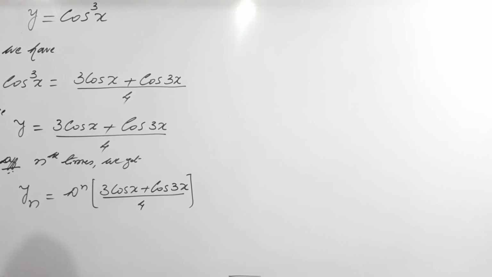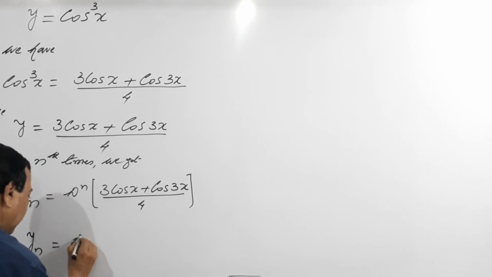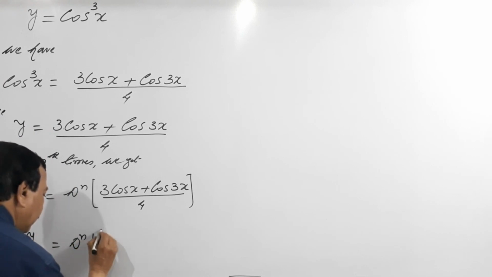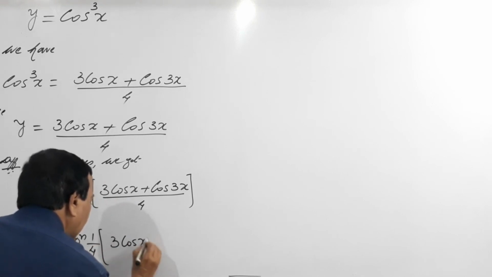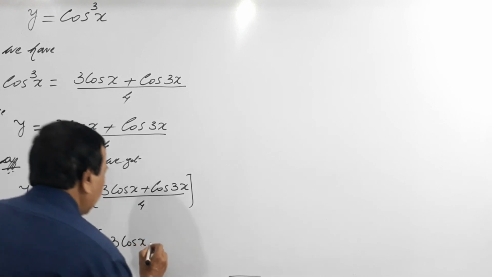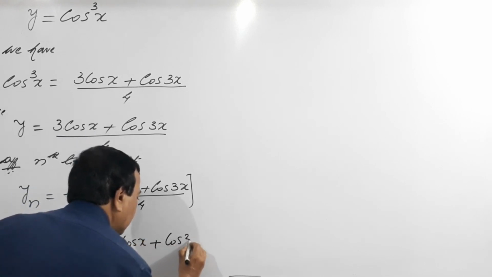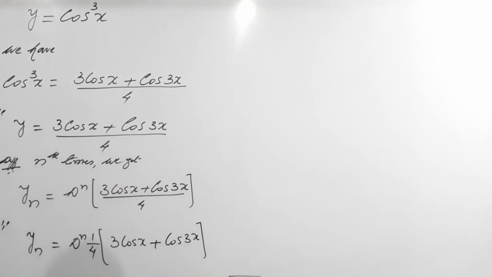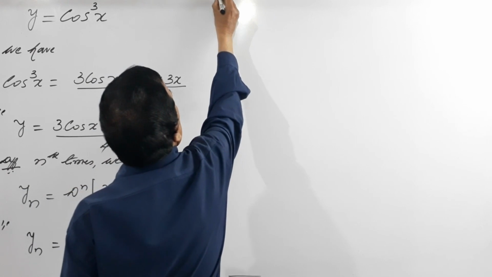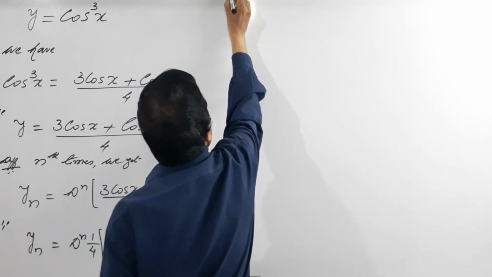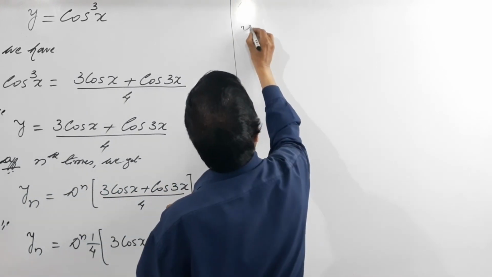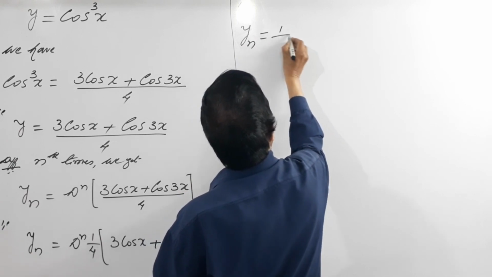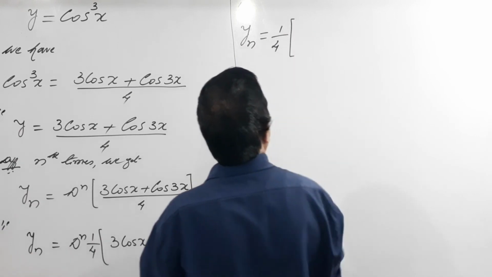So next step, yn equals dn of 1 by 4. I take this 1 by 4 outside. This will be 3 cos x plus cos 3x. Now we shall do this. yn will be 1 by 4 separately.